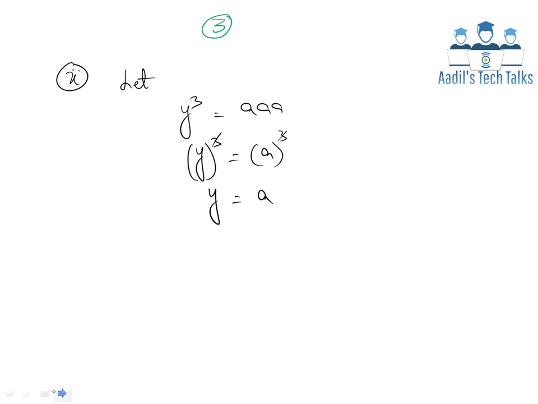Now consider: if y cube is in palindrome, then so is y. Let y cube be equal to AAA. We can write it as A raised to power 3. The 3 is cancelled with 3, so y is equal to A, which is also a palindrome.